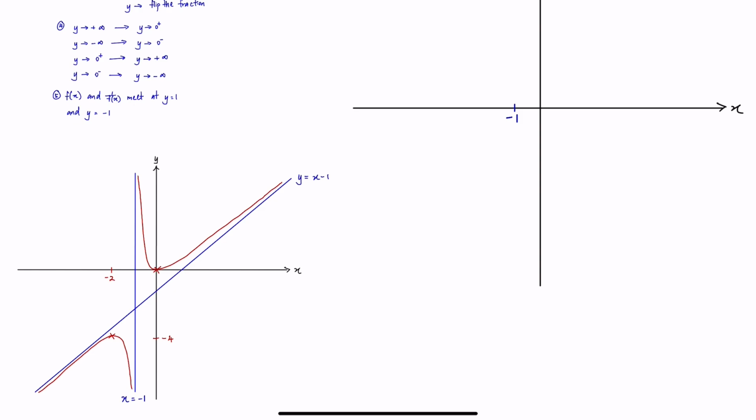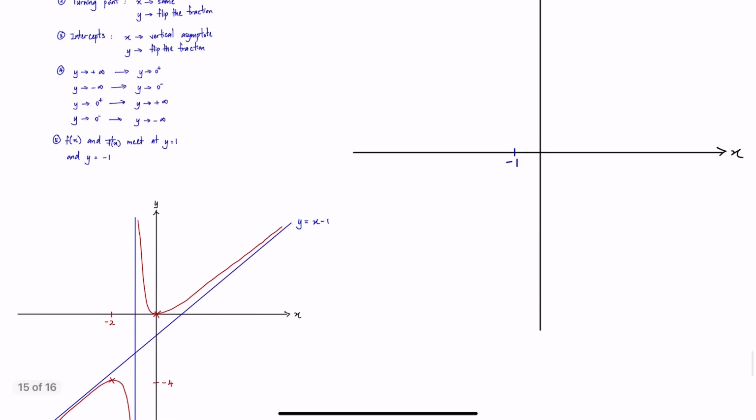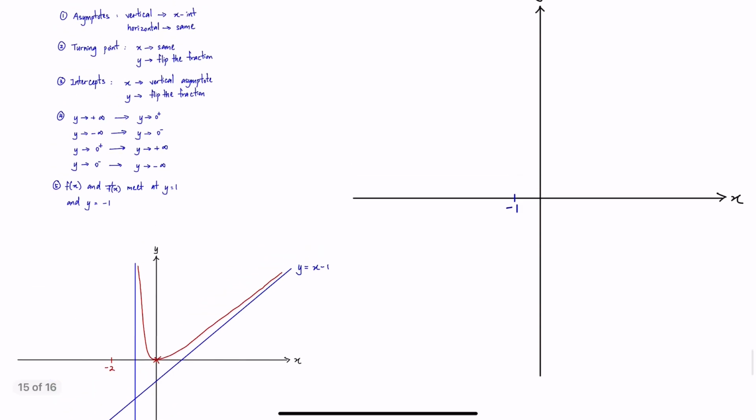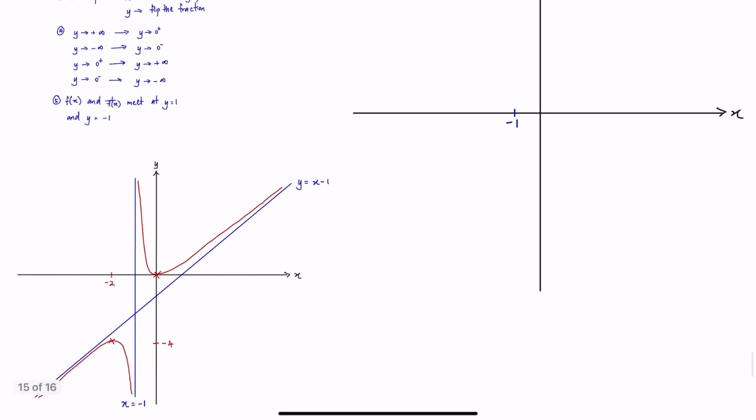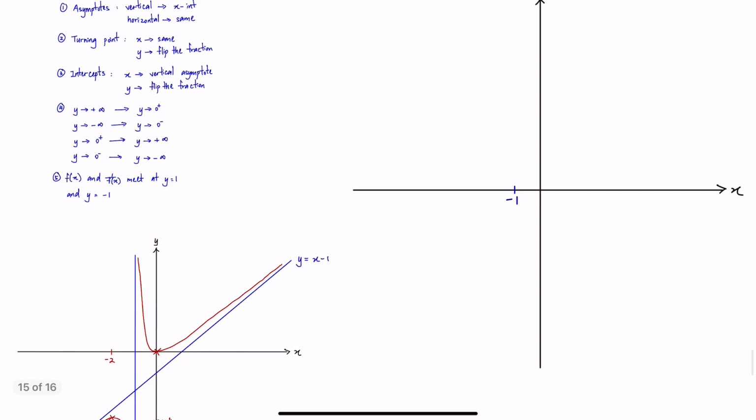And for the horizontal asymptote, it stays the same. But we do not have any horizontal asymptote here. We only have an oblique asymptote. But we don't really have to care about the oblique one. So we can go to the next one.